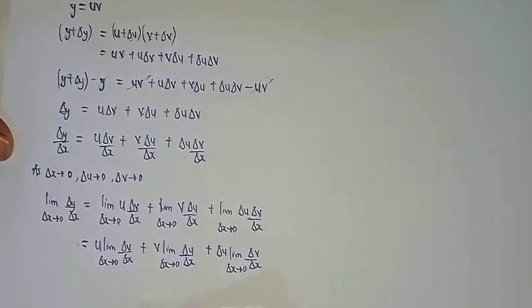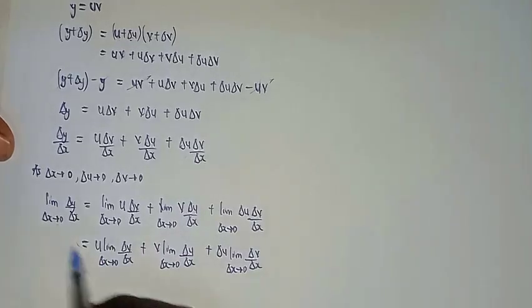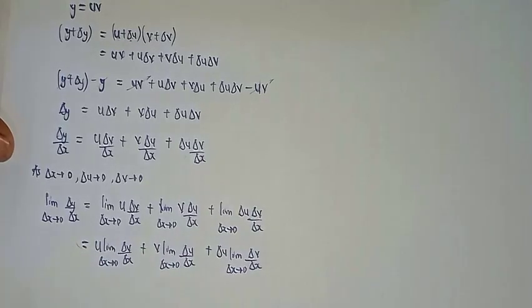Now we know that from our first principle differentiation that this limit of a function can be written as dy over dx.